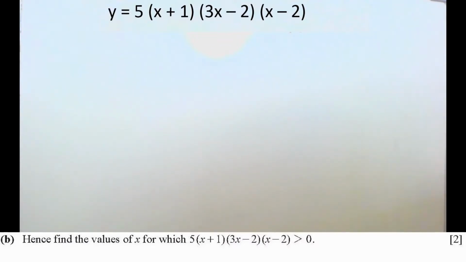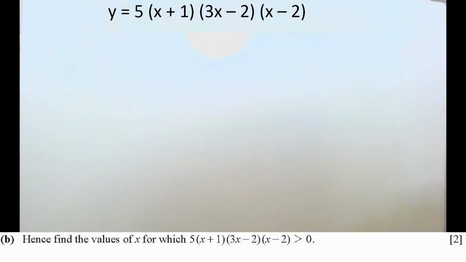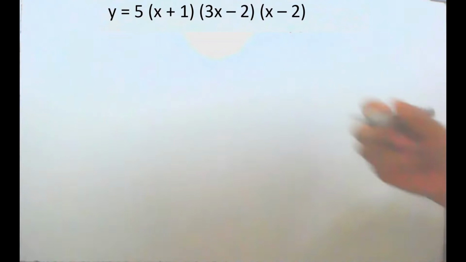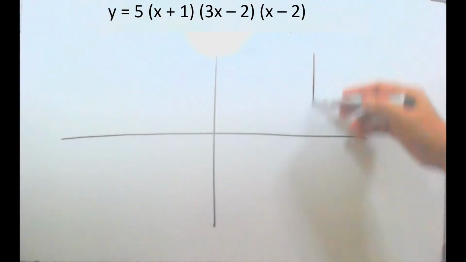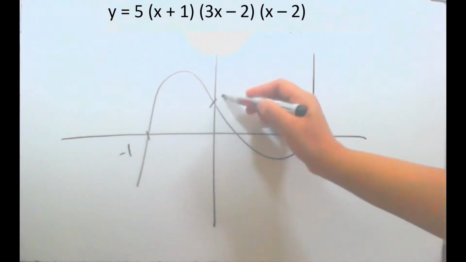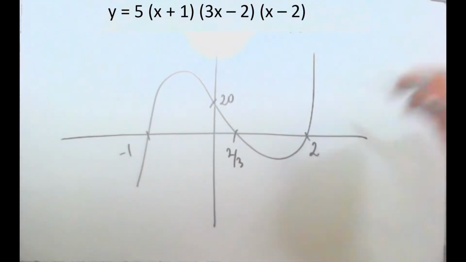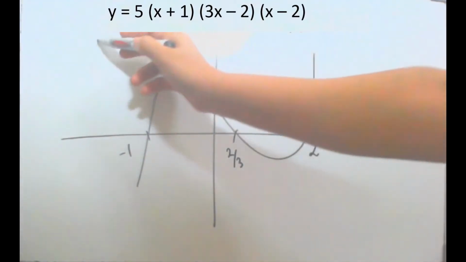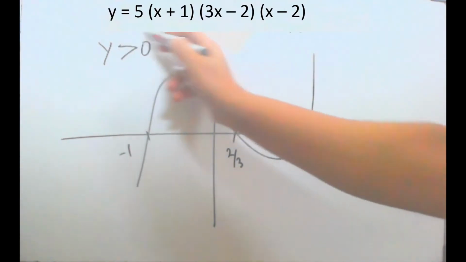Hence find the values of x for which the equation or the y value is greater than 0. So this we can get directly from the graph. So our graph was like this. This was minus 1, this is 20, 2 over 3 and this one was 2. So find the values of x for which y is greater than 0.